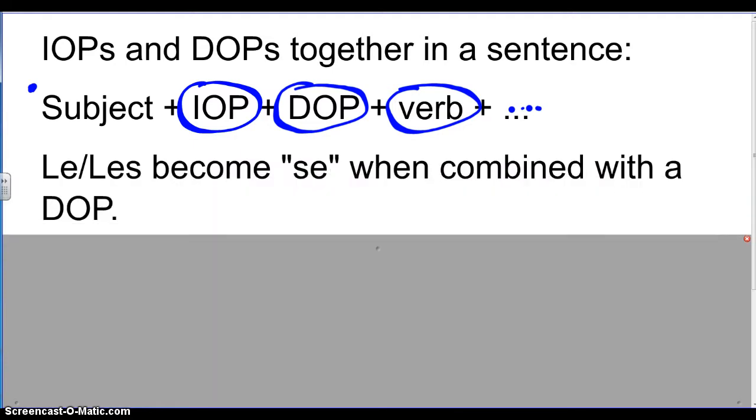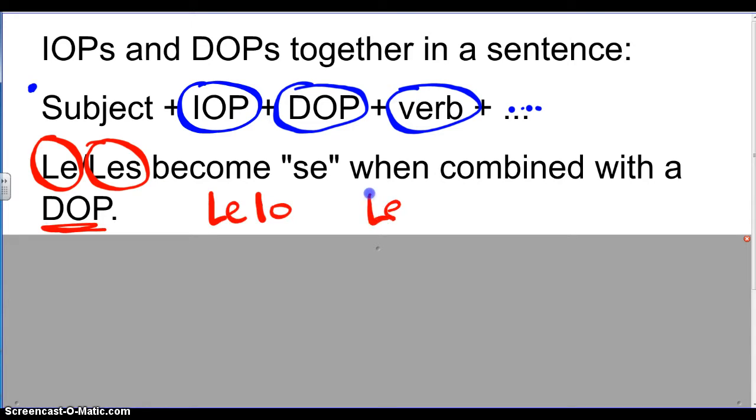Now, this is the big new thing that you're learning this chapter. Whenever we use le or les, and we combine it with a direct object pronoun, we can't say le and lo. We can't say les and lo. We can't have a direct object pronoun with a le or les. Not allowed.